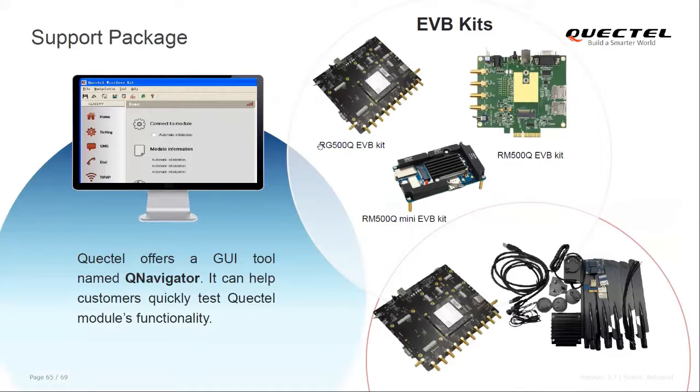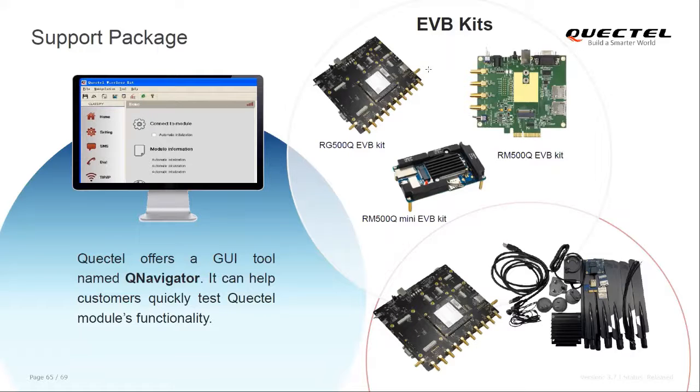What you see here, the RG500Q, the top left kit: the solderable module is delivered in a small adapter board that fits on the bigger daughter board that supports more types of modules, and also other devices like codecs or other interfaces which can be connected externally to the module.